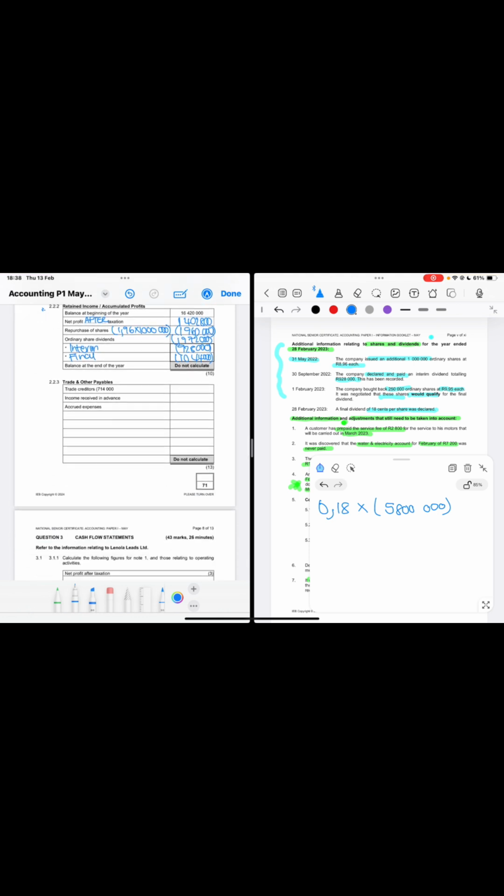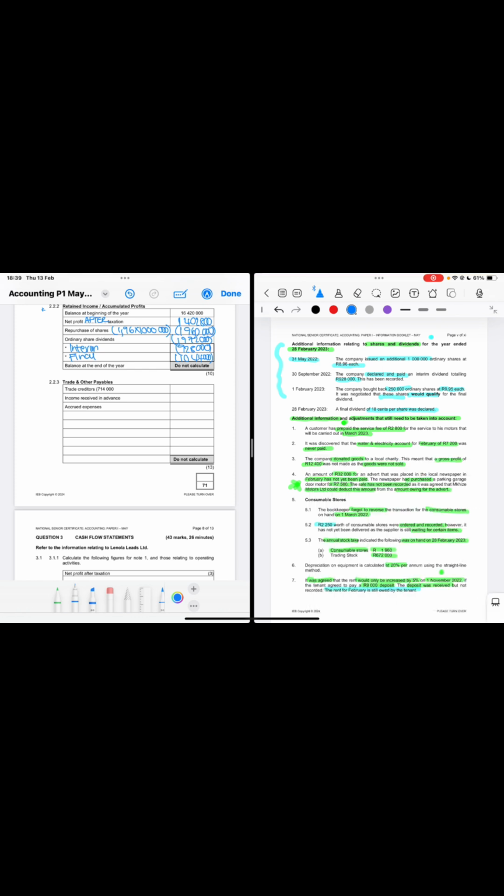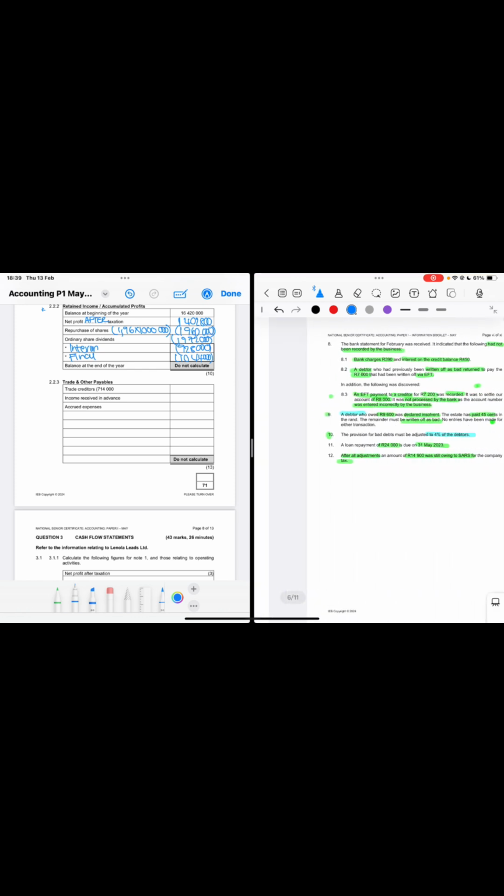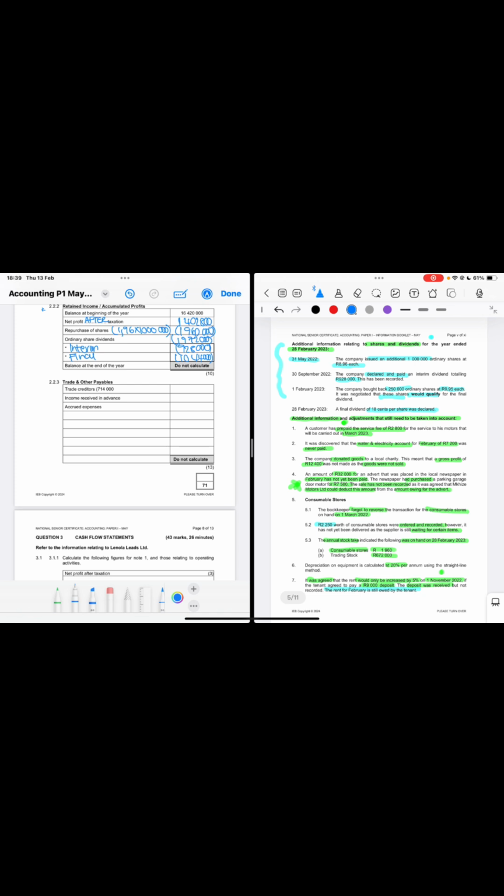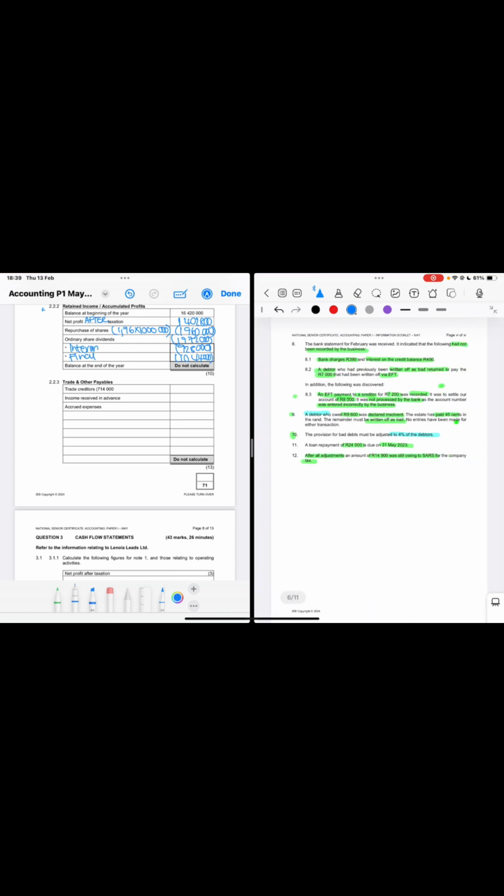Then we look at the trade and other payables. So we're starting off with our trade creditors. So the adjustments that we had with the trade creditors, let's see. Creditors, number 8.3.